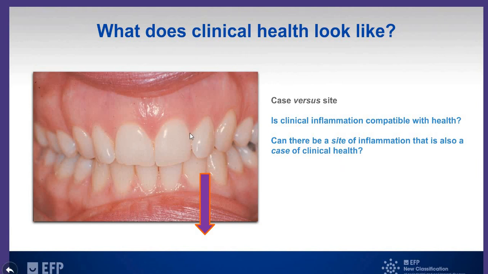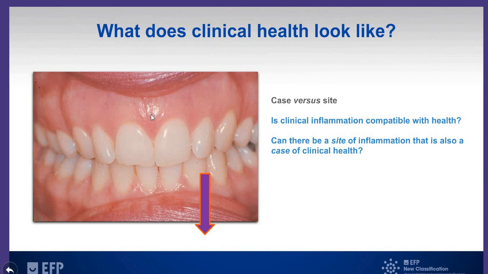For example, if we are doing bleeding on probing examination of all of the surfaces, and we have a bleeding of less than 10% throughout all the dentition, in this less than 10% we have a site of inflammation. But as a case, as a whole, it's a healthy condition. You have sites of inflammation, yeah, but the case is healthy.